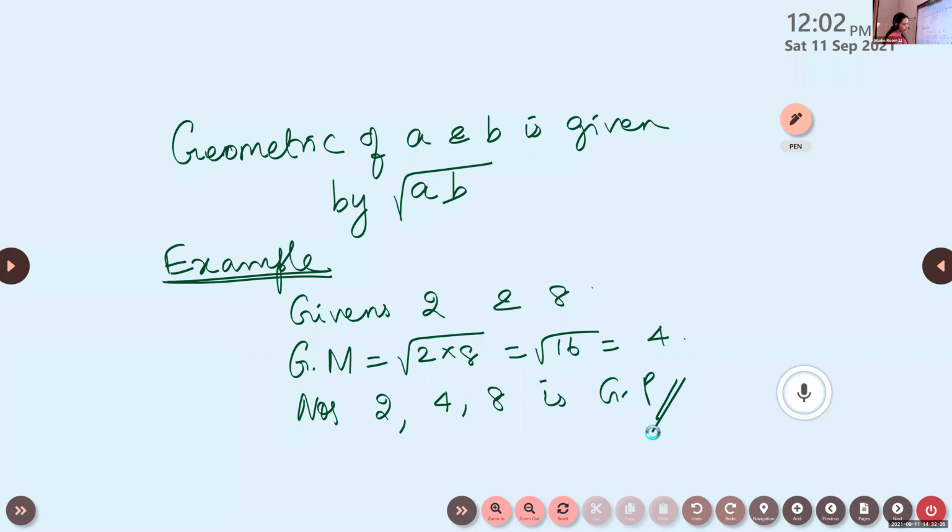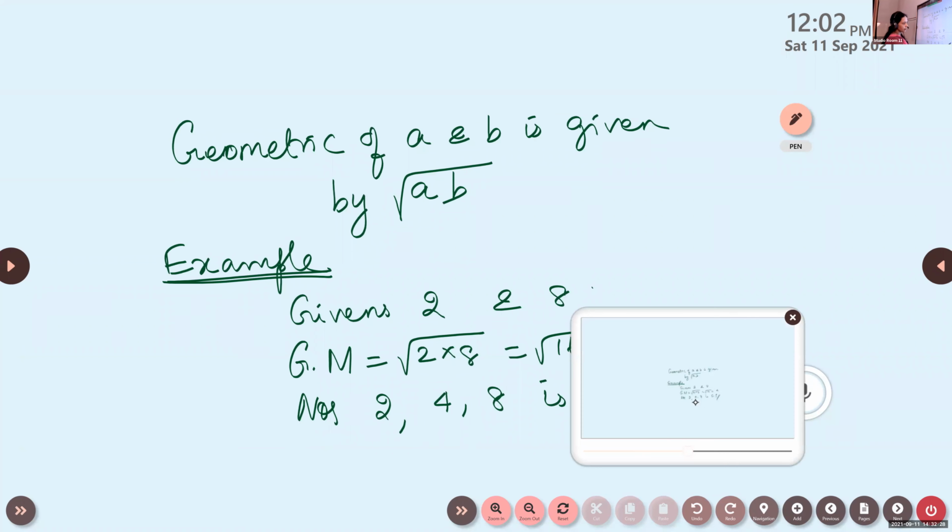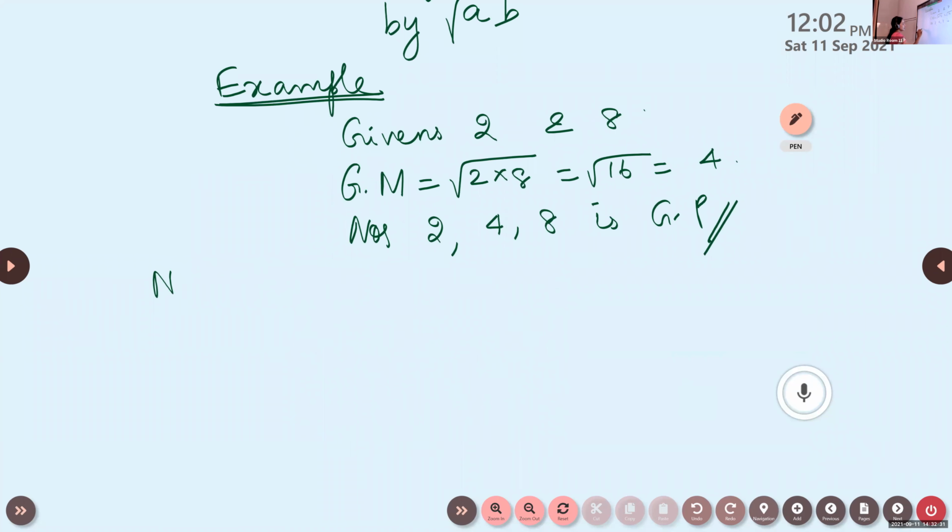Okay, write the next point. Note: suppose we are given the numbers A and B. We can insert n arithmetic means between A and B. Sorry, not arithmetic, children, geometric.